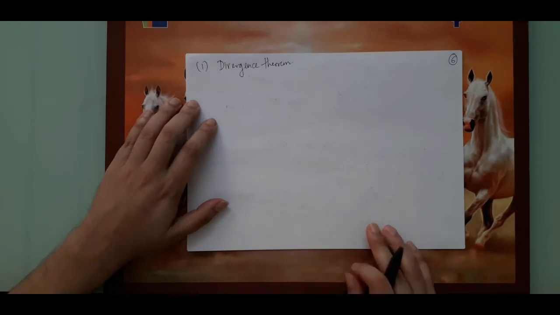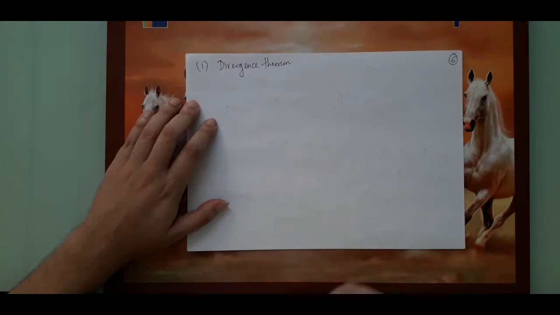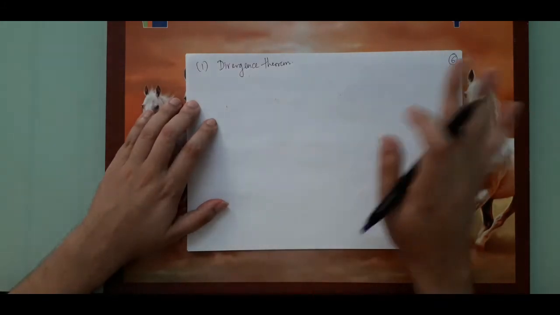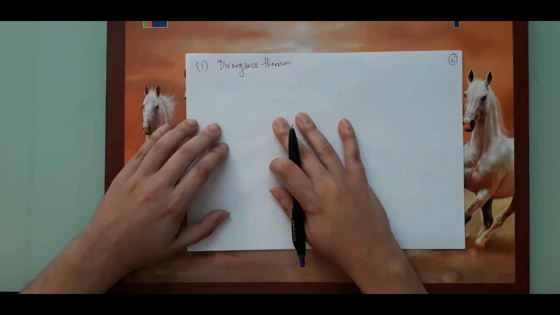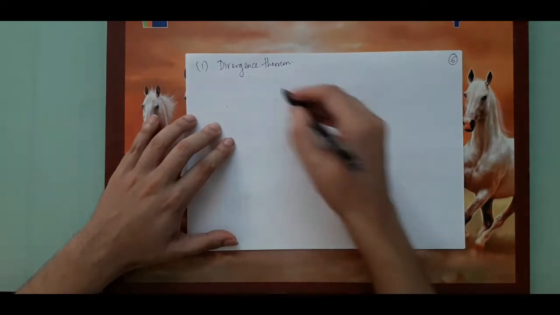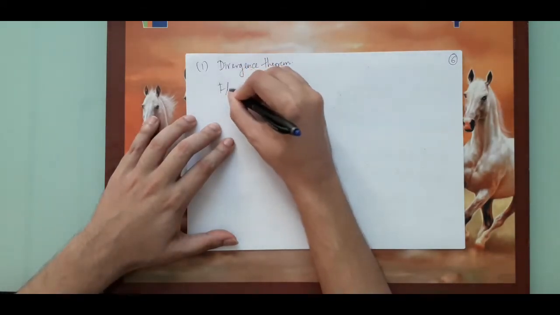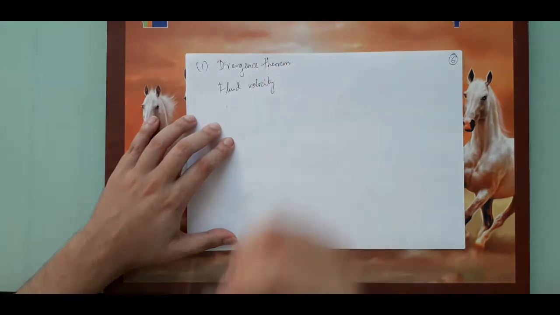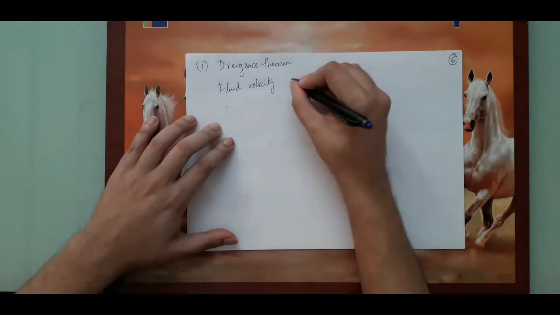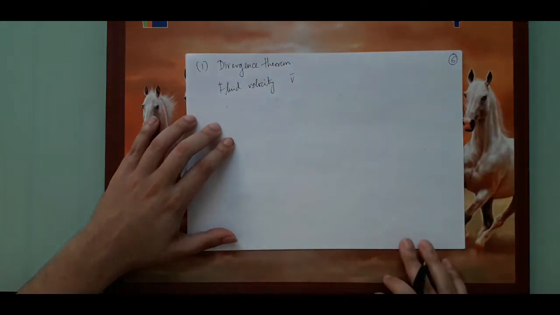Suppose I have some kind of a 3D region which contains some fluid, and the fluid velocity is given by this vector v, small v.